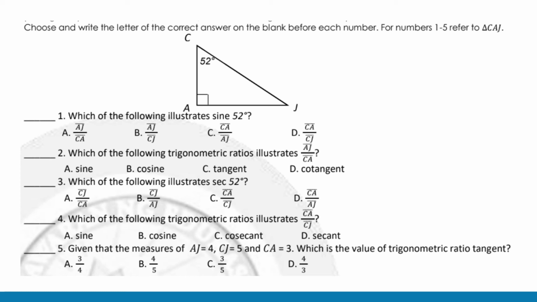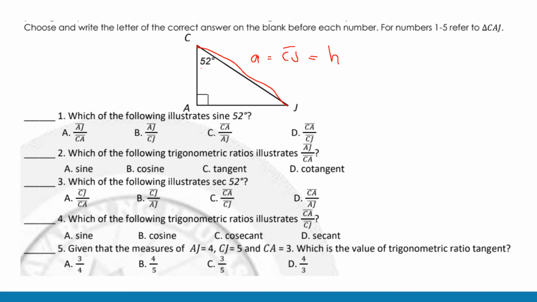Very obvious that the side opposite this angle, right angle, angle A, is side A. Aside from side A, ito yung tinatawag nating segment CJ. Bakit siya naging segment CJ? Kasi ito yung point C, and then ito yung J, kaya siya segment CJ. And of course, this is our hypotenuse, o yung sinasabi nating H.